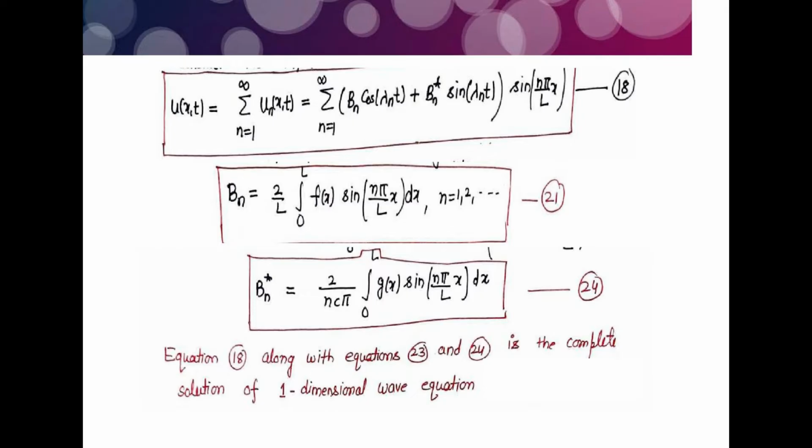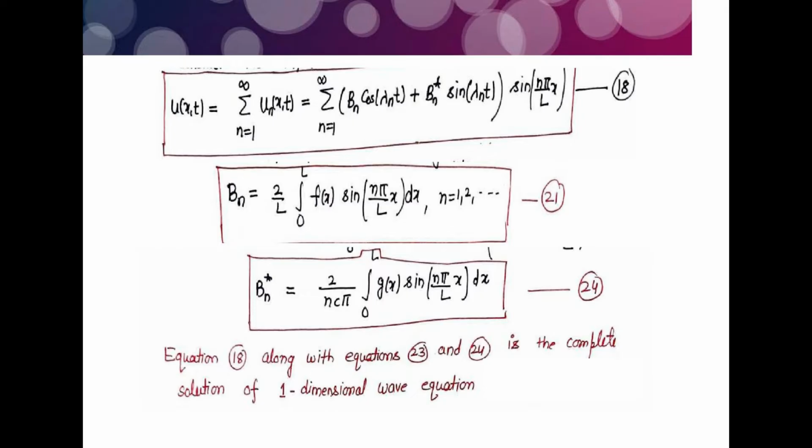Capital Bn is 2 by L, integration from 0 to L of f(x) sine(n pi over L x) dx, and Bn star is given by 2 upon n c pi, integration from 0 to L of g(x) sine(n pi over L x) dx, equation number 24.